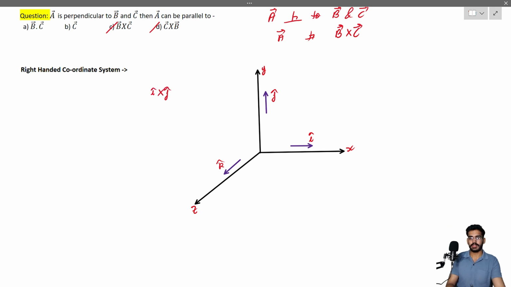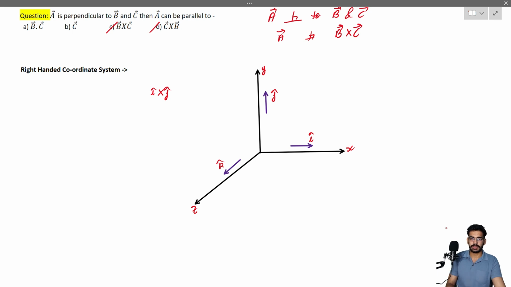Why did I draw k cap outside only? Why didn't you draw the k cap inside the plane? Because when you draw your coordinate system, i cross j should always come k cap. So here i cross j is outside, so k cap will be outside the plane. That's why I drew k cap this side.